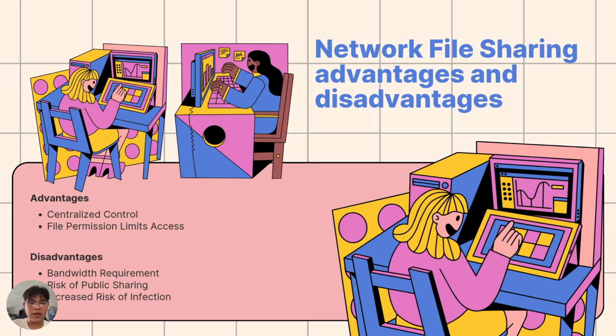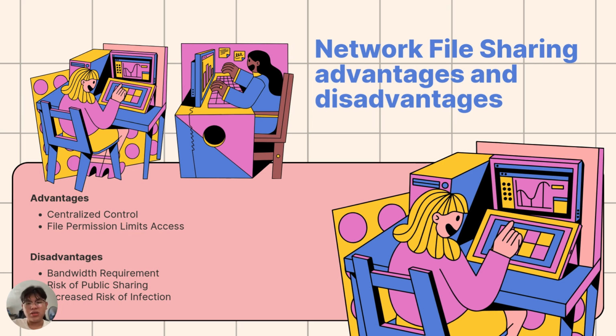The next is the network sharing advantages and disadvantages. For the advantages, they have centralized control and file permission limiting access. For the disadvantages, they have bandwidth requirement, risk of public sharing, and increased risk of infection.